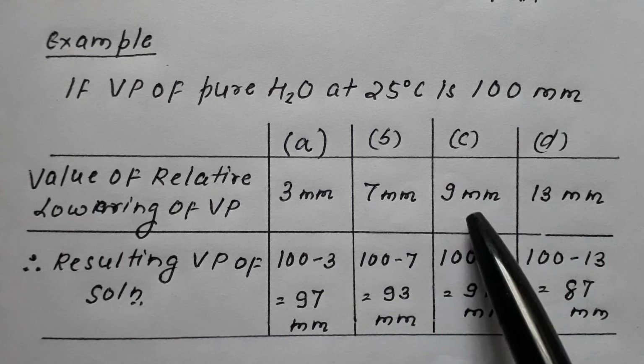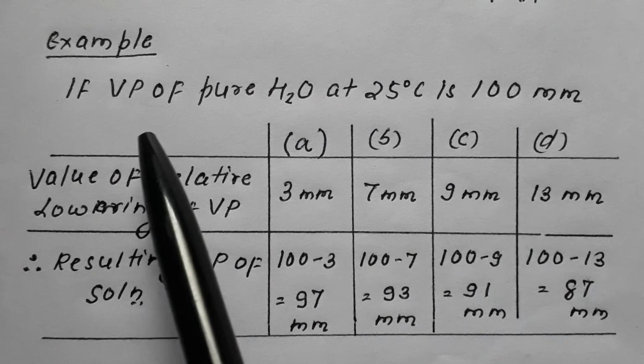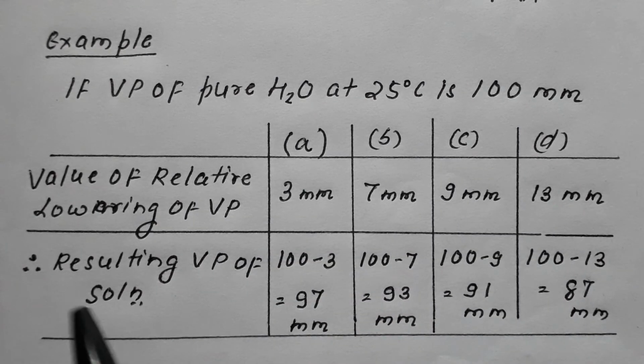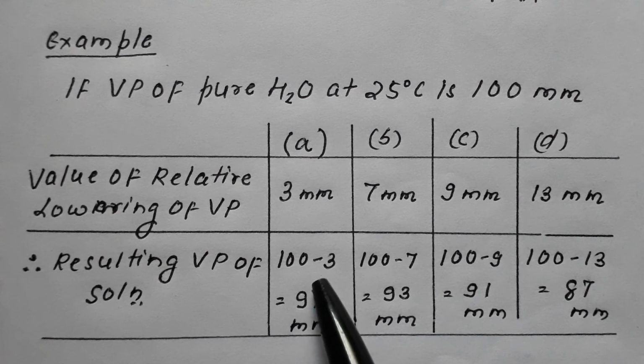Now this value is to be subtracted from the vapor pressure of pure solvent. So what would be the resulting vapor pressure of the solution? It is 100, the vapor pressure of pure solvent, minus the lowering.